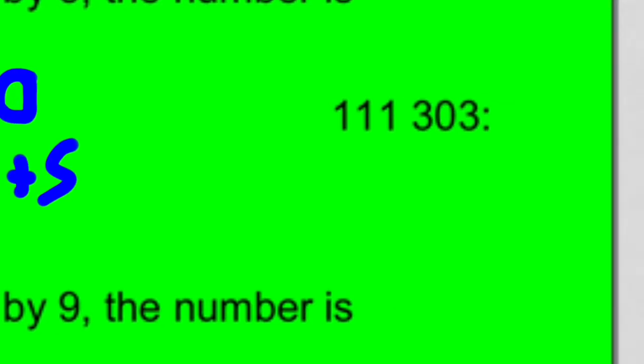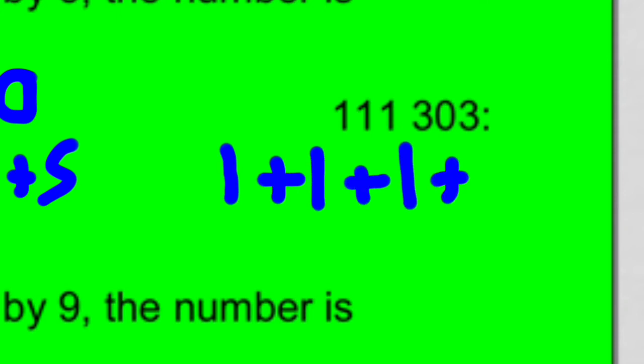Last example, 111,303. Let's add up the digits. 1 plus 1 plus 1 plus 3 plus 3. No need to add in the 0. It doesn't factor into the sum. So I do 1 plus 1 is 2, plus 1 is 3, plus 3 is 6, plus 3 is 9.